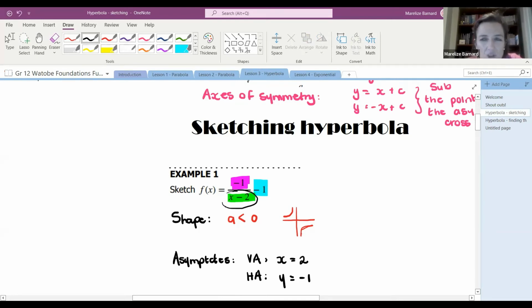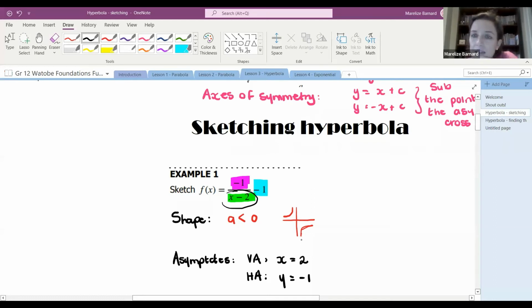If x is equal to 2, the denominator is 0, and the denominator can't be 0 because this is a fraction. Since grade 8, we've learned that we cannot divide by 0. So that's why our asymptote is at x equal to 2.